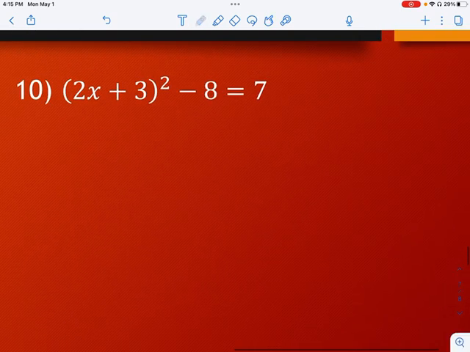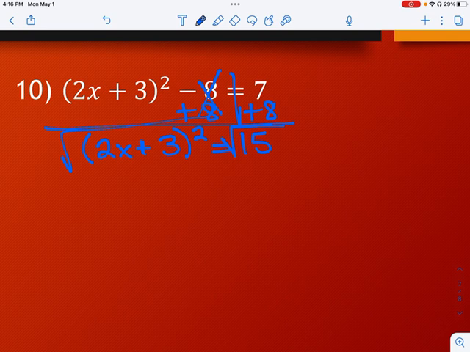Okay, let's try number 10 here. On number 10, I need to isolate a little bit. So I'm going to add my 8 to both sides. That's going to give me 2x plus 3 squared, and that equals 15. I'm going to take the square root of both sides, and that's going to get me 2x plus 3 equals plus or minus the square root of 15.